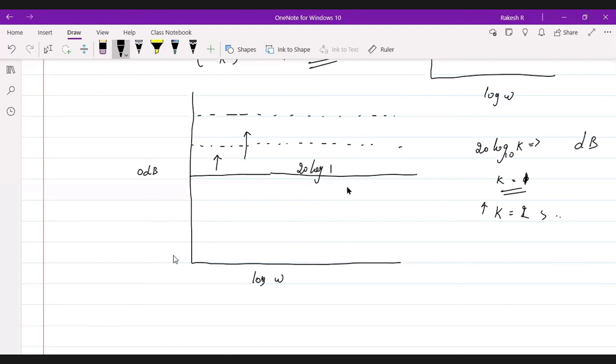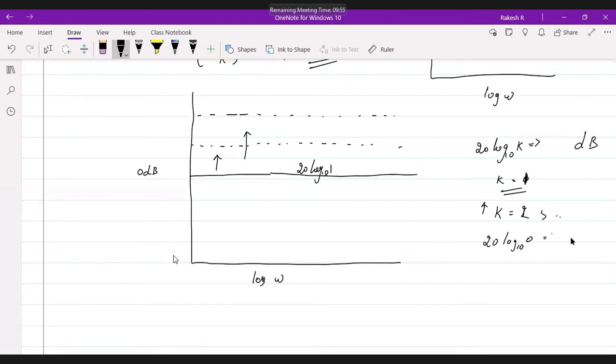Just check out 20 log 10 here. You cannot find 20 log base 10 equal to 0.